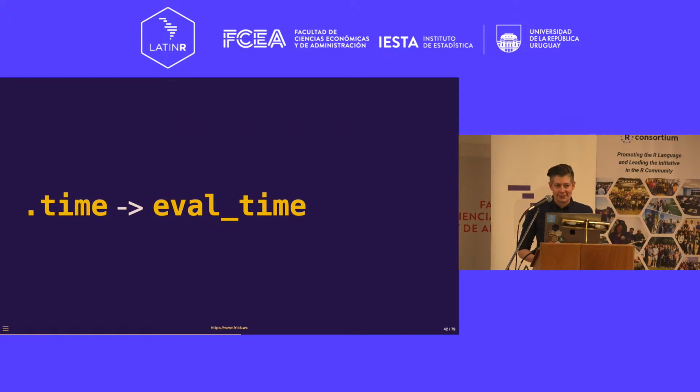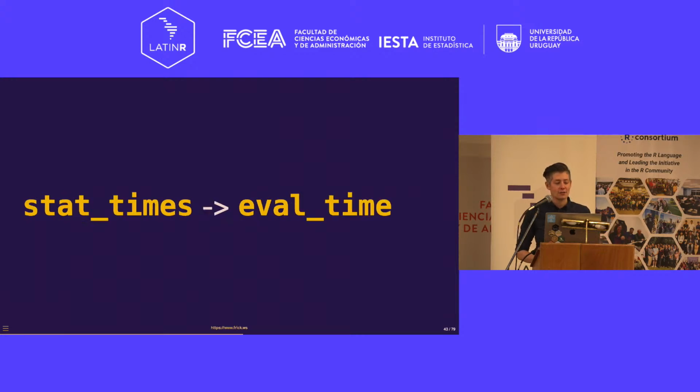I have to trace this through the whole thing. If it's eval time, I want it to be named eval time, because otherwise I'm spending energy on tracking this thing through 5 functions. Not good. So I was like, Max, can we change dot time to eval time? And he did. And then he also changed stats times in there too. So plentiful. Sorry for the roast, Max.